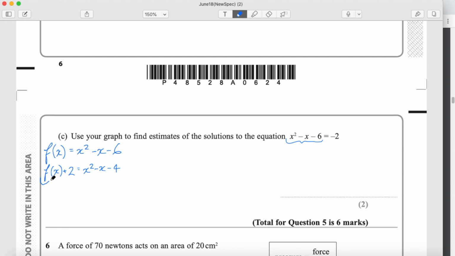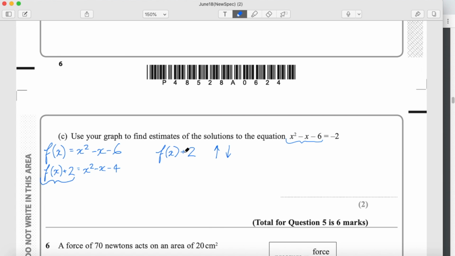Now, this is a graph transformation. I'll just remind you that with a graph transformation, if we add something to the outside of f of x, that is moving the graph in the y direction up or down in the same sense of what we're adding.